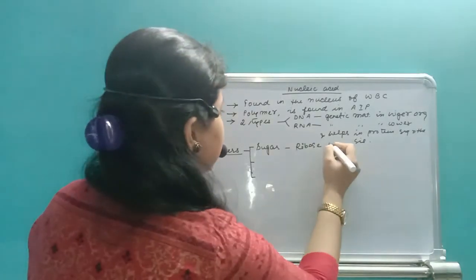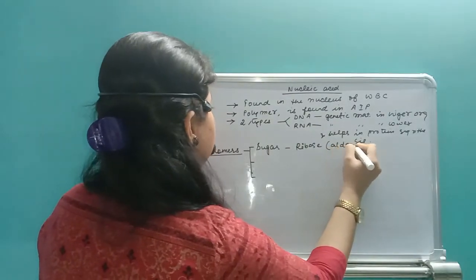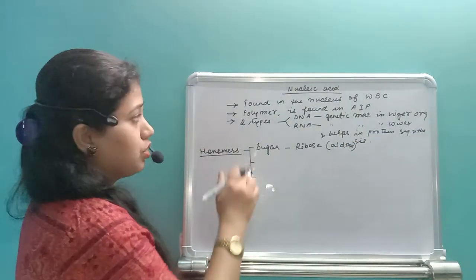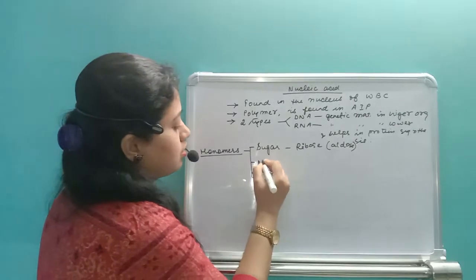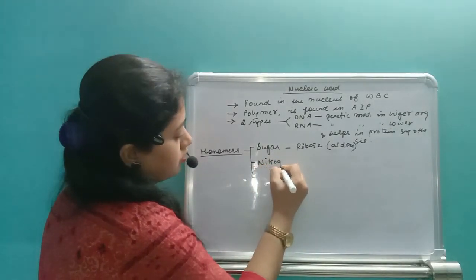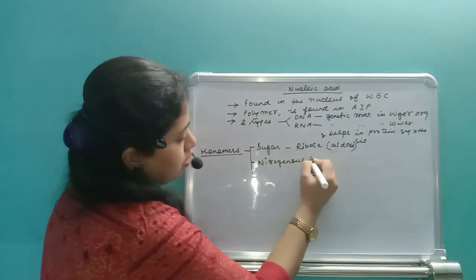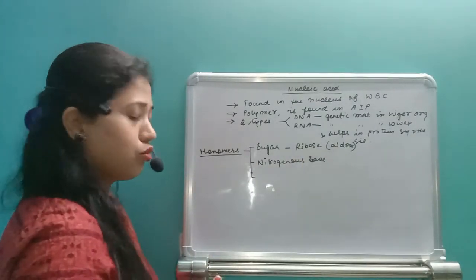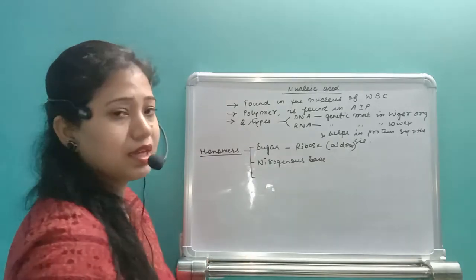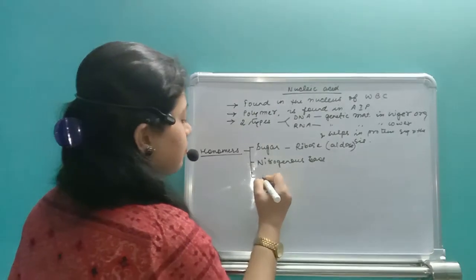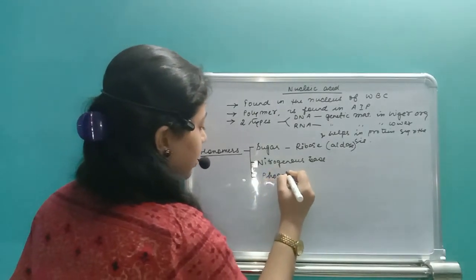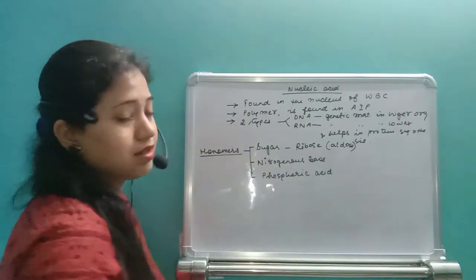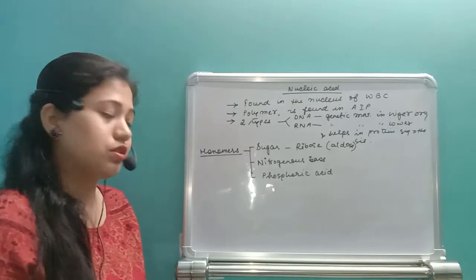It is actually an aldose sugar. The second component of nucleic acid is a nitrogenous base. So nitrogenous bases are also found as monomers in nucleic acid, and the third one is phosphoric acid, which is found in the phosphate state in the genetic material.